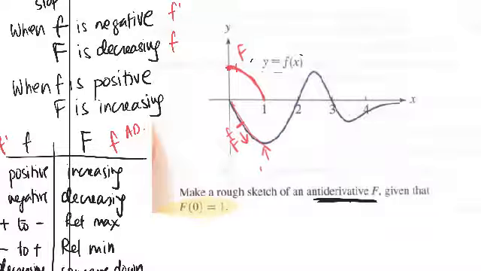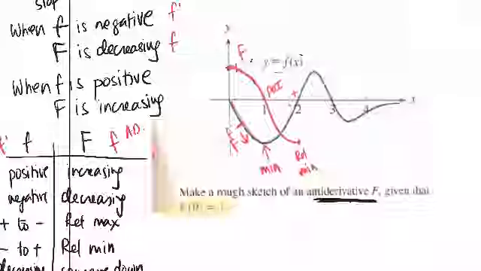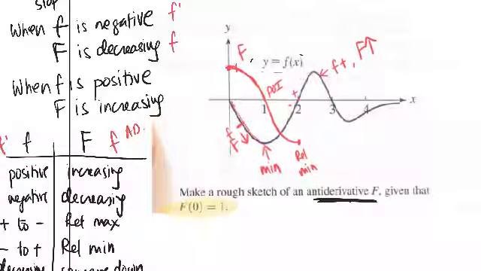Then you get to a minimum on little f, so big F must have a point of inflection. So now the curvature is going to change until I get here to 2, right? And then at that point, the little f changes from negative to positive, so big F has a relative minimum. And then it has to start increasing because now little f is positive, so big F is increasing.